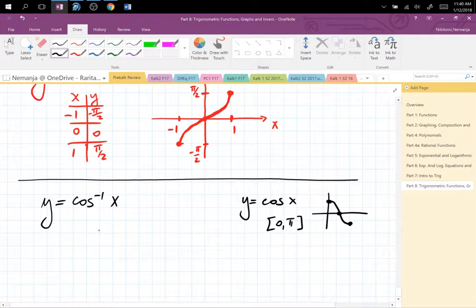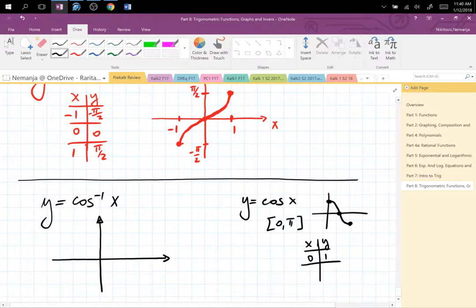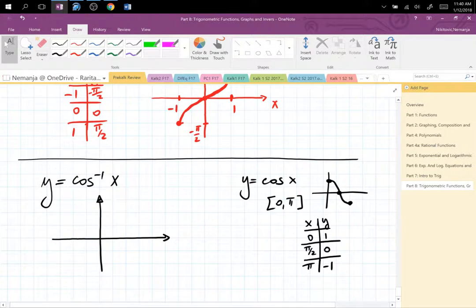So now what is the graph for cosine inverse? What are the points here? An x and a y. The first point we have is 0, 1. The second point we have is pi over 2 and 0. And the last point we have is pi and negative 1. So now you will take the same points and apply them here.